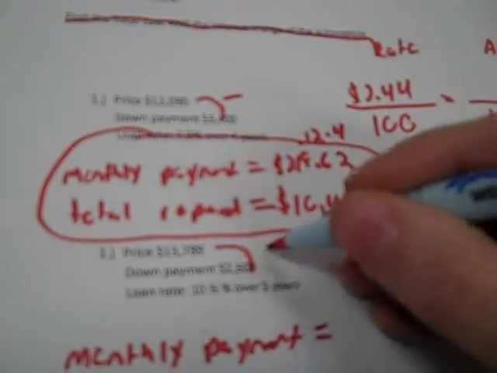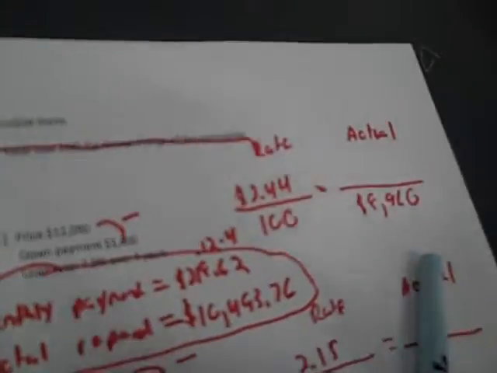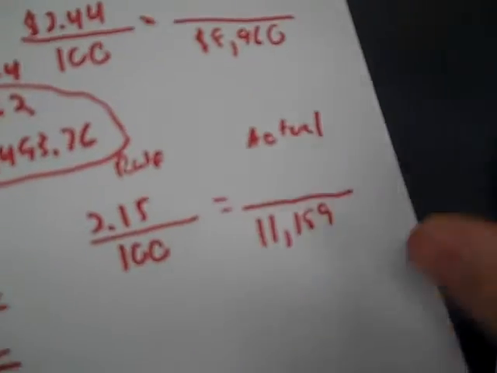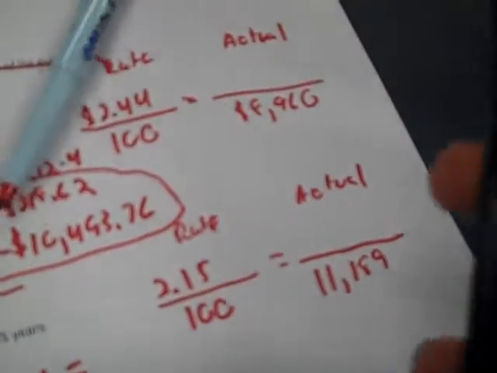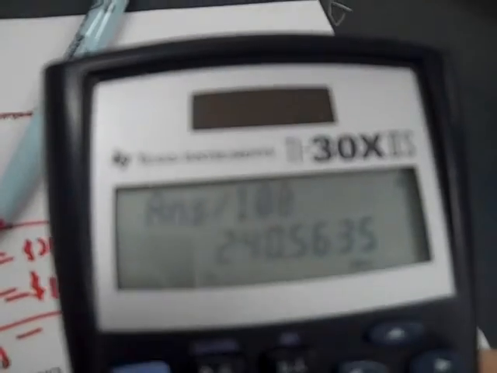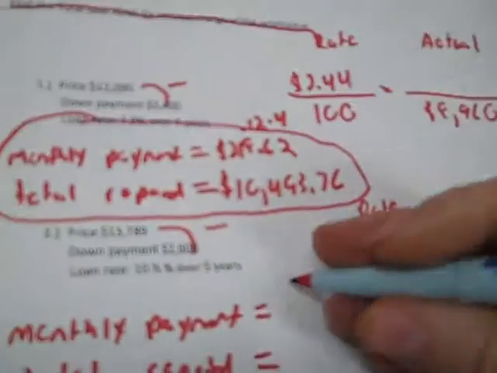And then we subtract. Okay, $11,189. Then we cross multiply and divide. So 2.15 times 11,189 divided by 100, and that's going to be $240.56 per month.